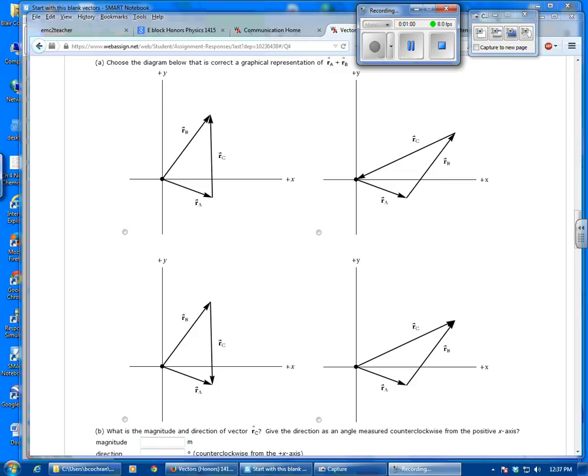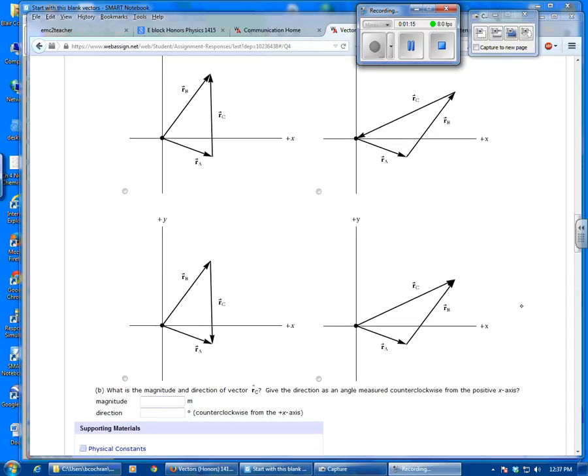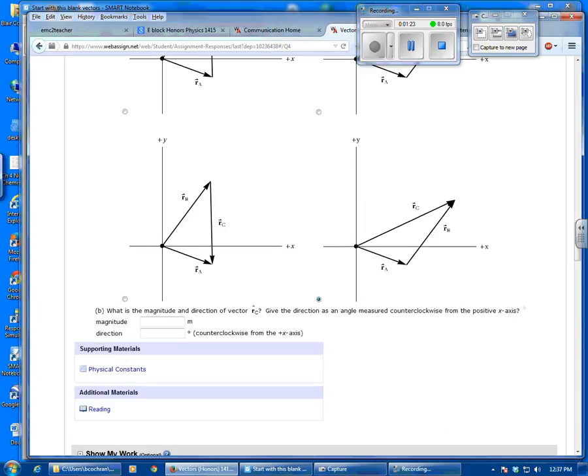The difference between those is whether my resultant goes from the tail of RA to the tip of RB or reversed. And I remember my rule is tip to tail, then tail to tip. So my arrangement is going to be the bottom right corner here. Which is kind of nice because then it's done my ray diagram for me.